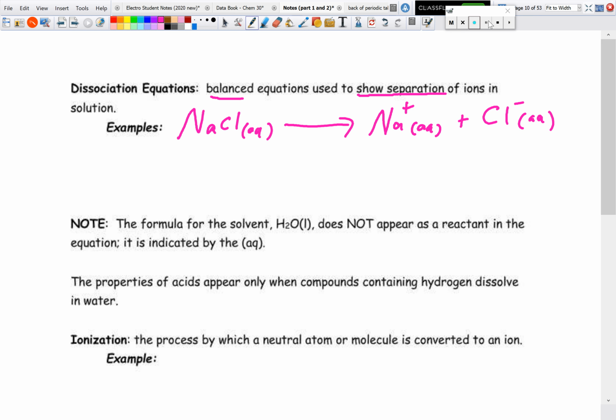Now, you do have to be careful with other compounds, in case they have different types of entities in them. For example, if we had aluminum sulfate, the chemical formula of Al2(SO4)3, this is aqueous, so it's going to break apart into the aluminum ion and the sulfate ion.